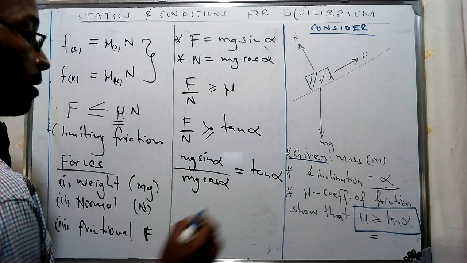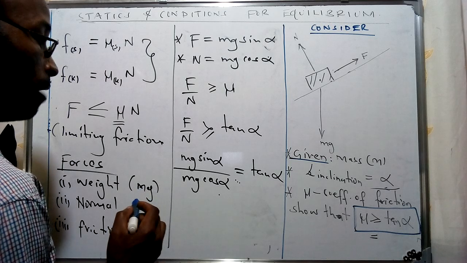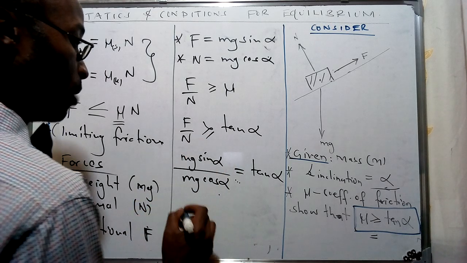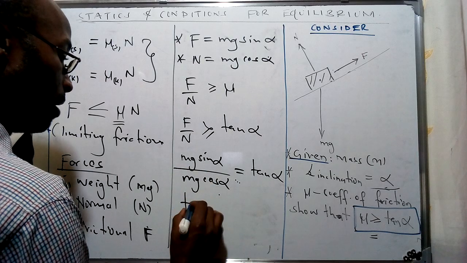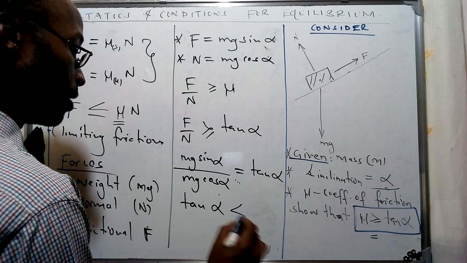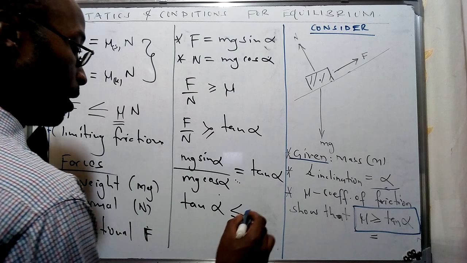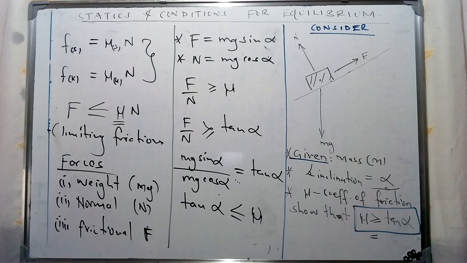So basically, if this ratio is going to give us tan alpha, then we can have this given in terms of this specific ratio, which is tan alpha, being smaller than or equivalent to this specific function, which is going to form our final representation.